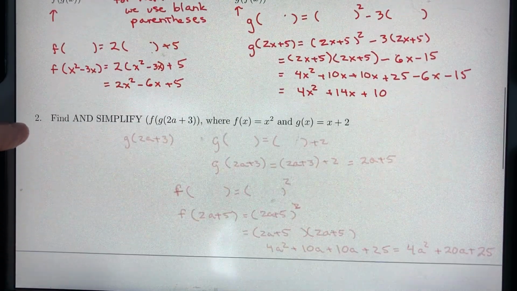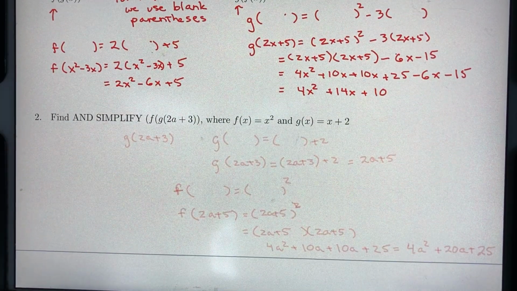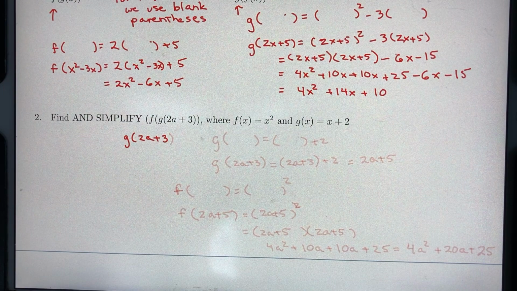Okay, next. F of g of 2a plus 3 is, isn't that special? We need to know what g of 2a plus 3 is. So this is sort of a 3-layered onion. I have to figure out what g of thing is, and then simplify.